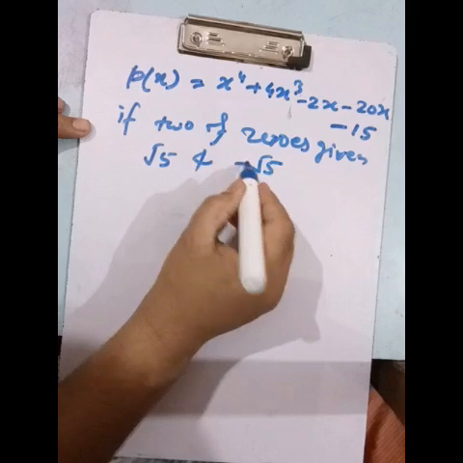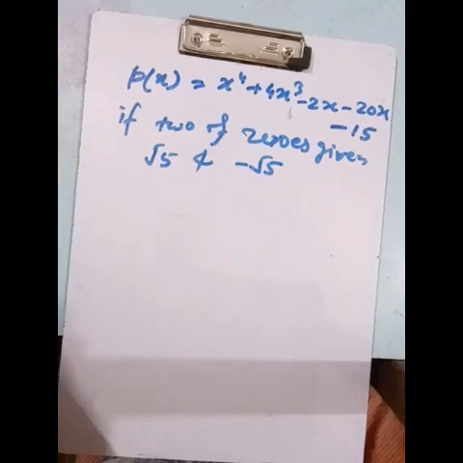Two zeros are given and we have to find the rest of the 2 zeros.